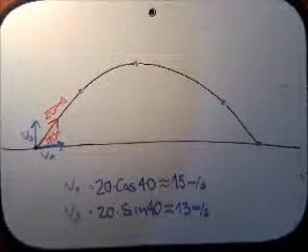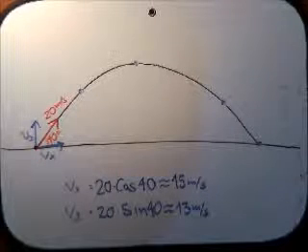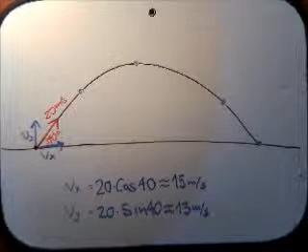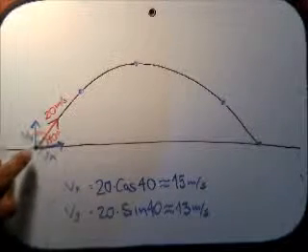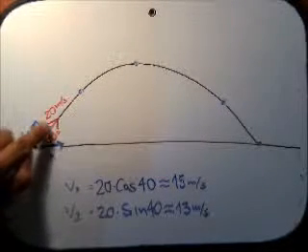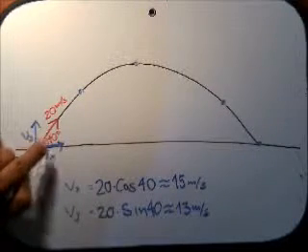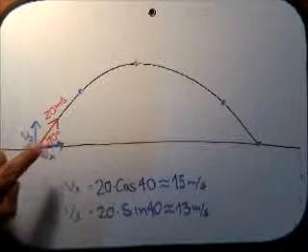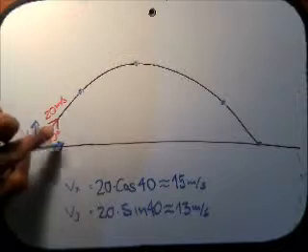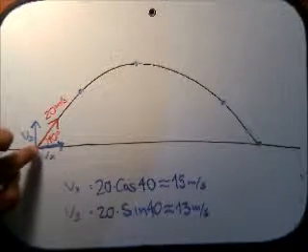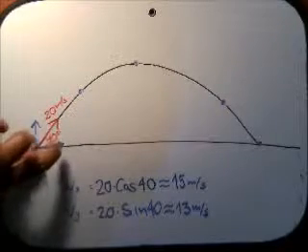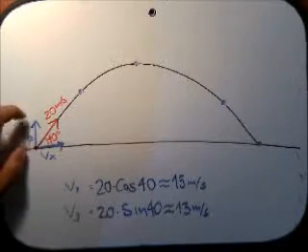Now, how do we find those values? We said that we just use what we learned about vector components. We have a vector here, the red one, and we have its magnitude 20 and its angle 40 degrees. By using those two values, using sine and cosine, we can find the piece of the vector that goes in the x-axis and in the y-axis.